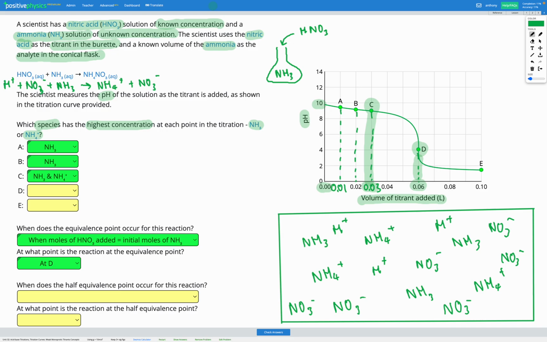And again, any H plus is going to react with any NH3 to form NH4 plus.